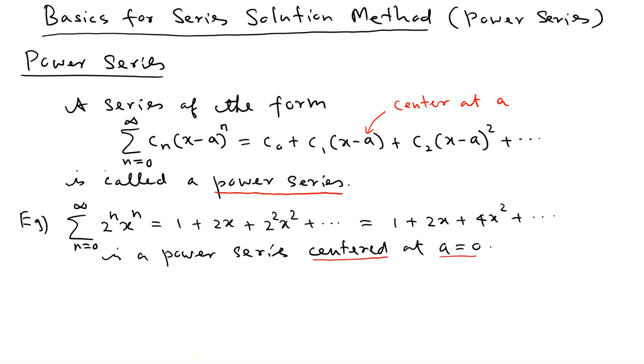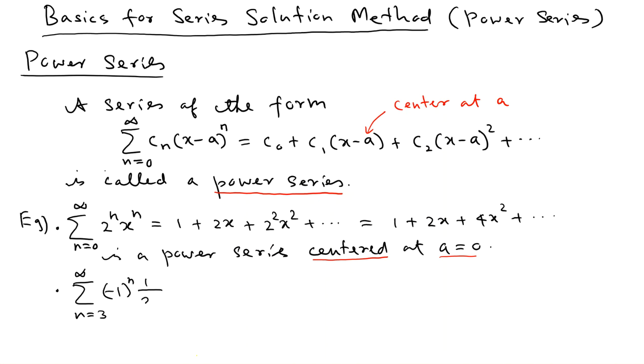So let's look at one more. How about this one? Let's say sigma n going from, you don't need 0, let's put something else here. Let's say you start with 3, so n from 3 to infinity. Let's say you have some negative 1 to the n, that's going to change the sign.